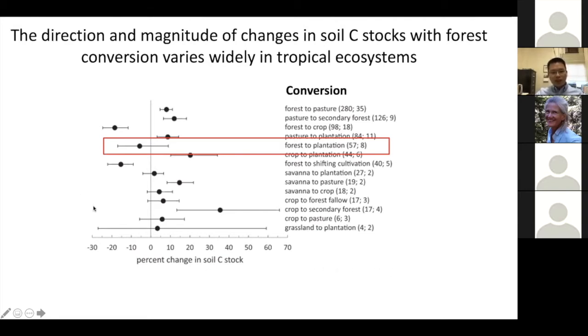First, we can see that the SOC change after forest conversion is highly variable in the data. Second, we found that the direction and magnitude of change in SOC stocks after forest conversion is very wide in tropical ecosystems. And then we can find that there are still lots of study sites on forest conversion to tree plantations.